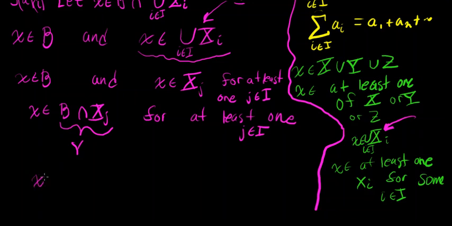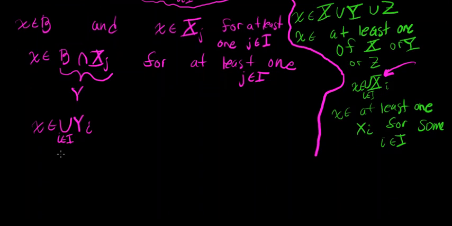Then x is in the union of all y sub i for i in I, and replacing y with B intersect x sub j, that's the same as saying that x is in the union of i in I of B intersect x sub i. And we've done it.